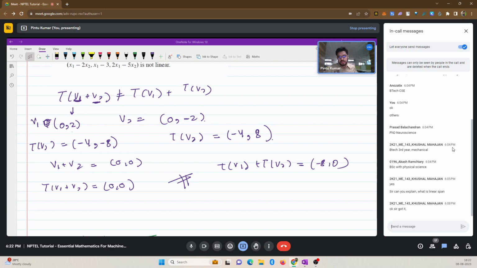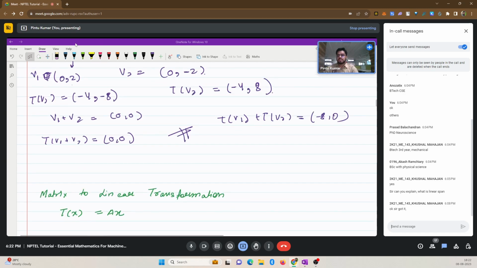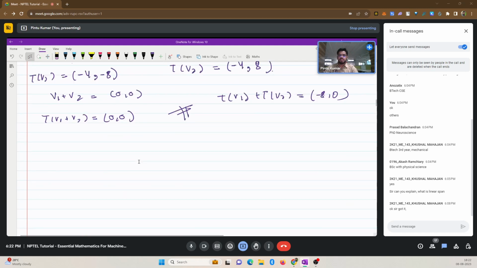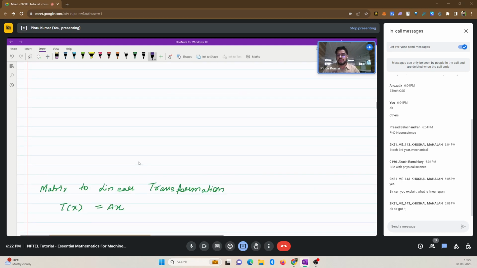For example, this is not an example of a linear transformation, but it will give you a flavor why these kinds of transformations are very useful. Let's say you have two kinds of data.